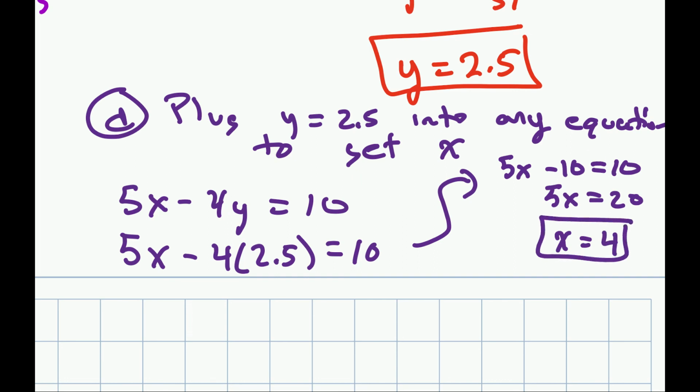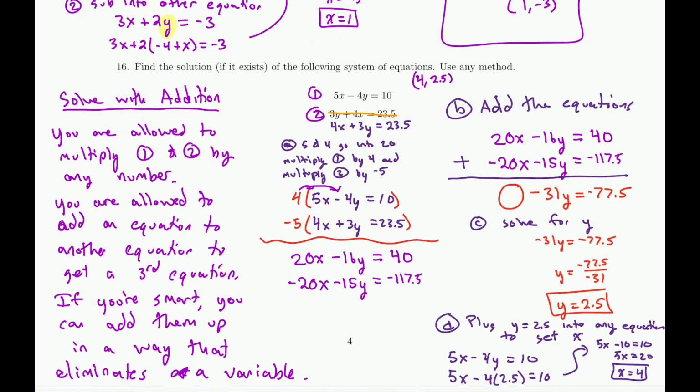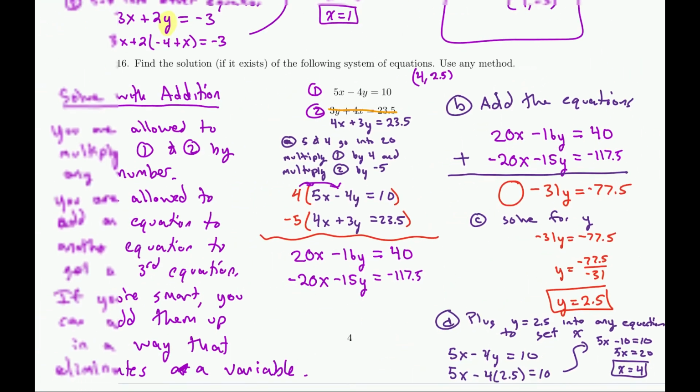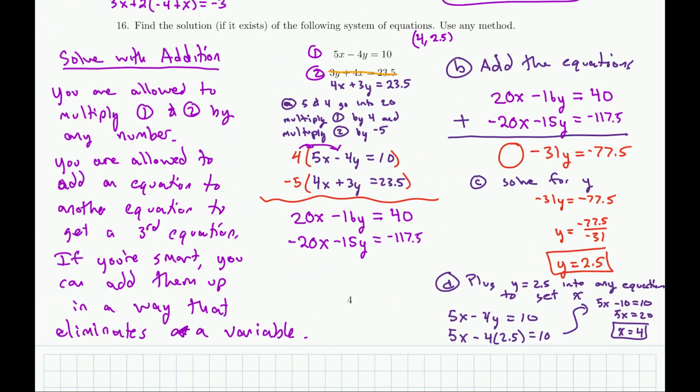So you've got x equals 4, y is 2.5, which is what we got from graphing. Okay, so that was addition. You could have solved that with substitution as well, and it would have worked fine.